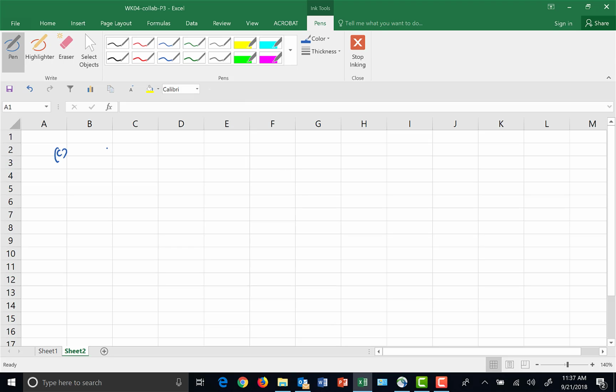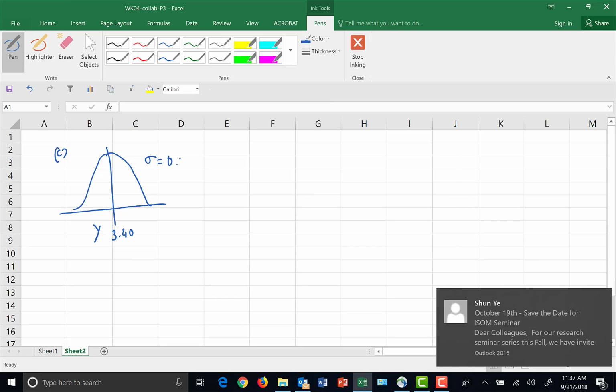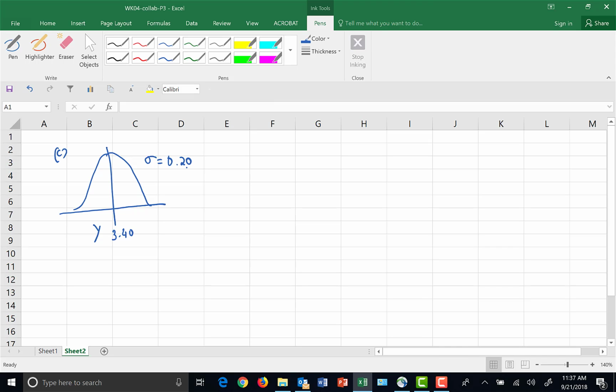So we are dealing with Russian gas prices again. For Russian gas prices, it's Y. The average is $3.40. And we know that the standard deviation is 20 cents. This is for Russia.